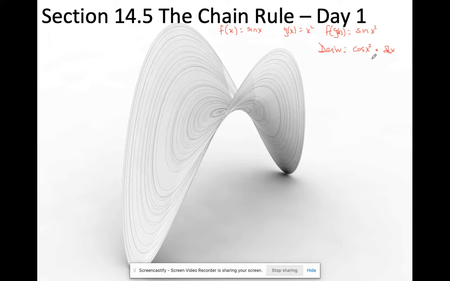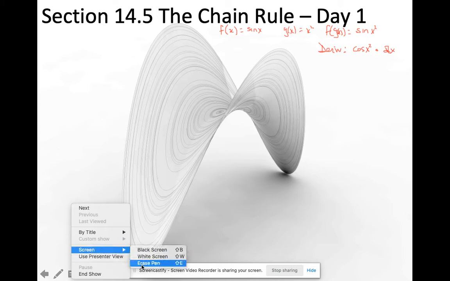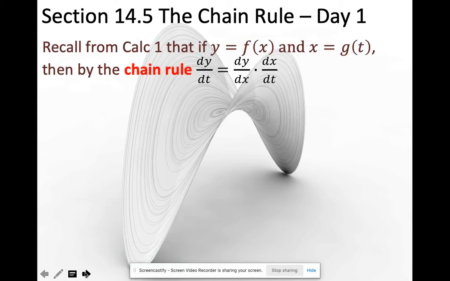And then after we practiced that, I talked about, what if I have a different variable in my second function in the composition? So what if I had some function in terms of x, but then I have this function, which is in terms of x, and a new function x defined in terms of t.